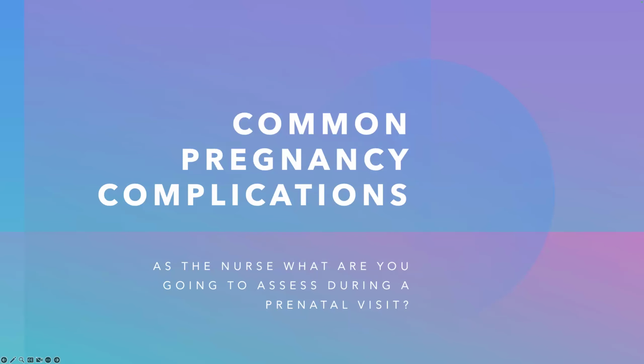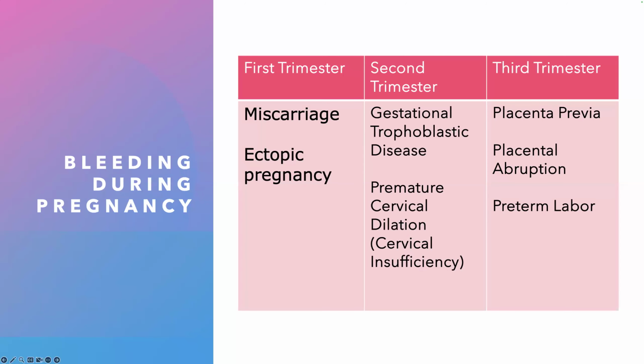Okay, let's move on to common pregnancy complications. So now these are things that can happen in pregnancy. First, let's talk about bleeding during pregnancy. When we talk about bleeding during pregnancy, we oftentimes can potentially divide it between trimesters. There is some overlapping. So for example, miscarriage can happen in the first trimester or the early second trimester.